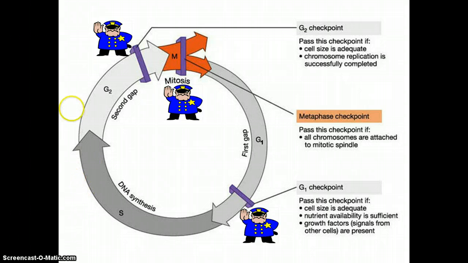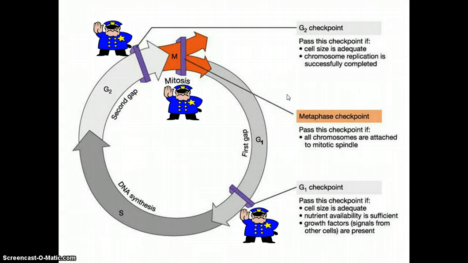However, we have this metaphase checkpoint here, which is in the middle of mitosis. Metaphase, remember, is where those chromosomes line up in the middle of the cell. That is where the centrioles have migrated to the opposite ends of the cell and spindle fibers have formed and connected with the chromosomes.